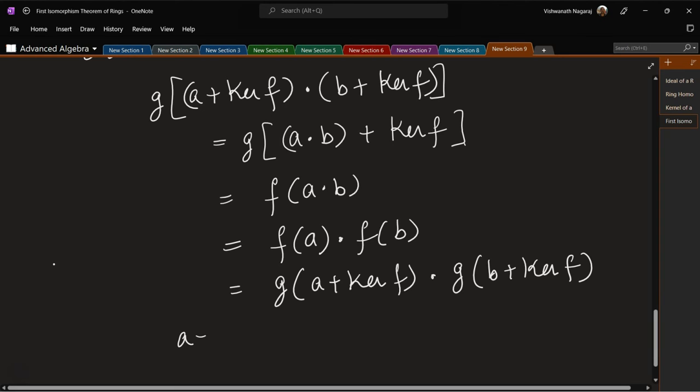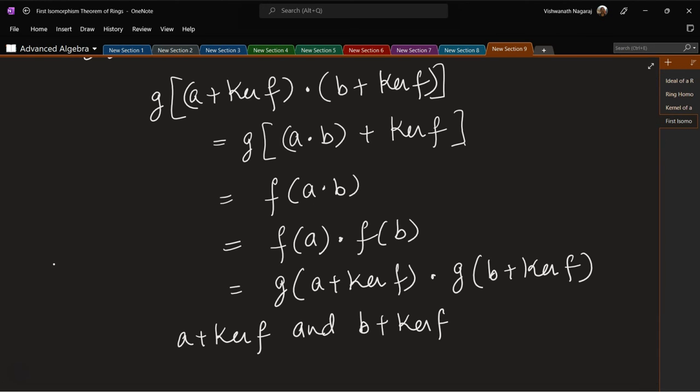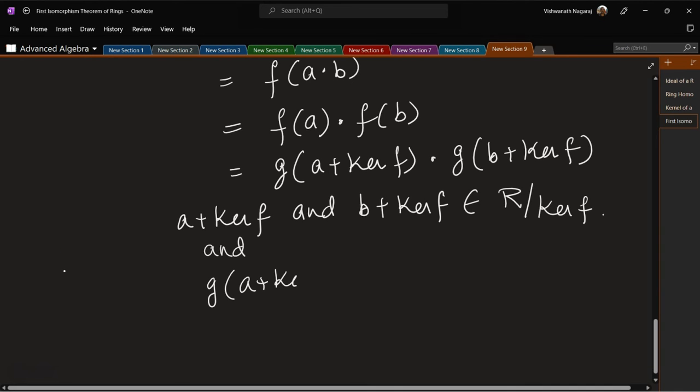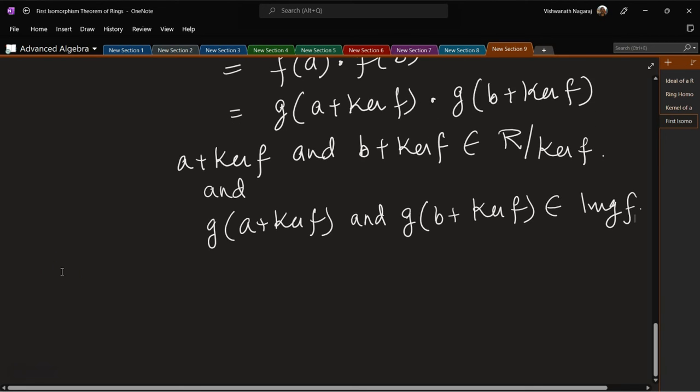Here remember, A plus kernel of f and B plus kernel of f belong to R mod kernel of f, and G of A plus kernel of f and G of B plus kernel of f belong to image of f. So we have shown that it is a ring homomorphism.